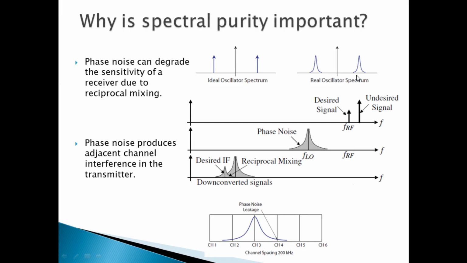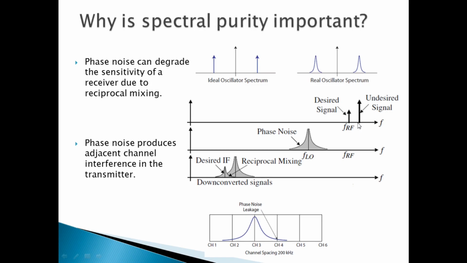So, what happens in the process? Take an example of a receiver system where the RF signal is received along with another undesired signal. Here you can see, unfortunately, the desired signal is of a lower amplitude, whereas the undesired signal appears very close in frequency to the desired frequency.